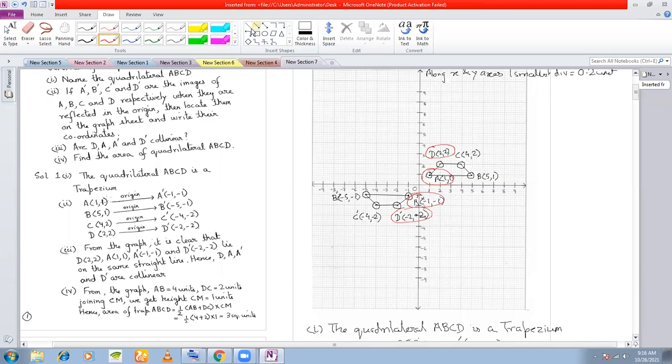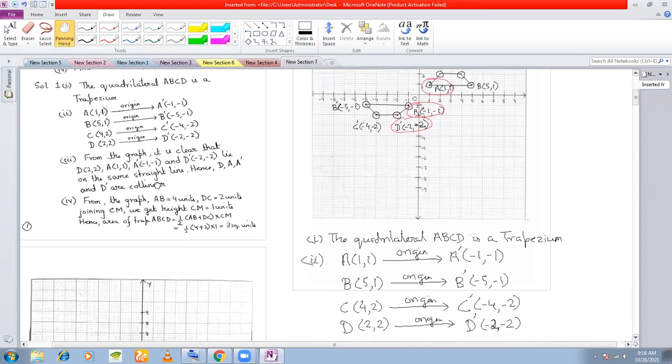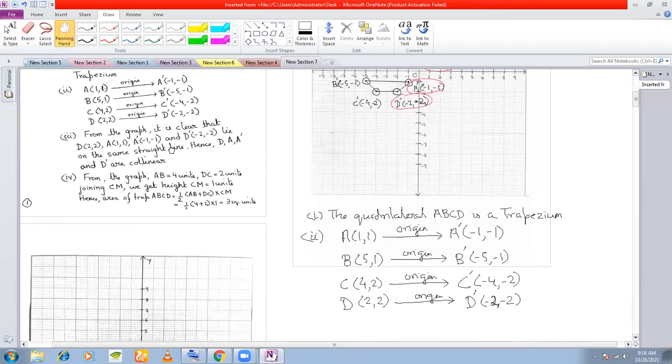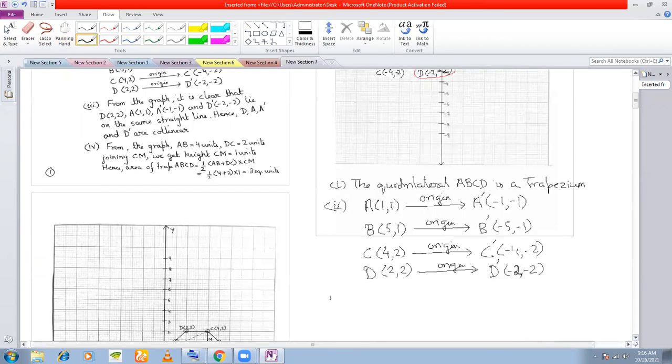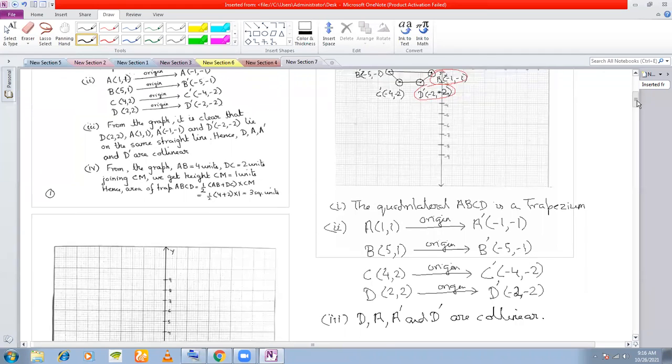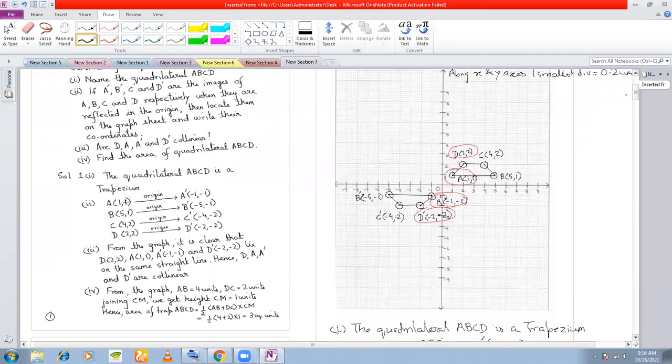Yes, you see that you can join them with the help of a straight line. So therefore, these points are collinear. So your answer here is yes, D, A dash and D dash are collinear because they are on the same straight line. Okay, that answers the third question.